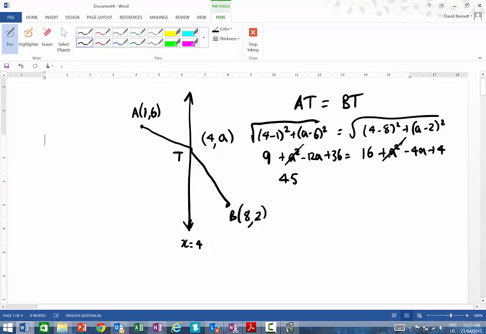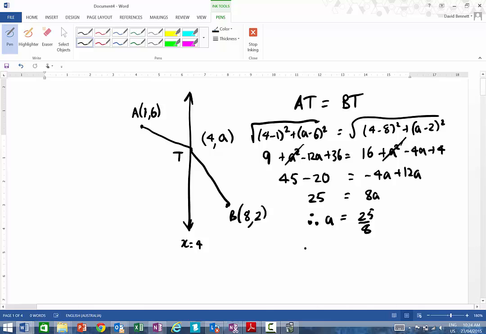And then we're going to have take 20, that's 16 plus 4, and that's going to be minus 4a plus 12a. So then we've got 25 is equal to 8a, so therefore our a value is in fact equal to 25 divided by 8.